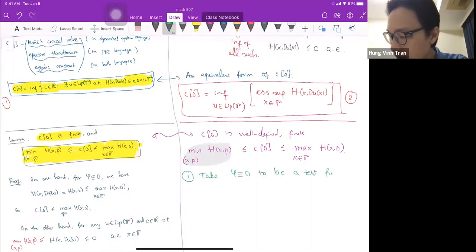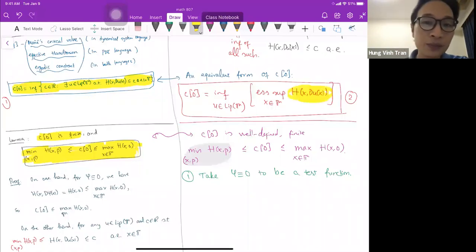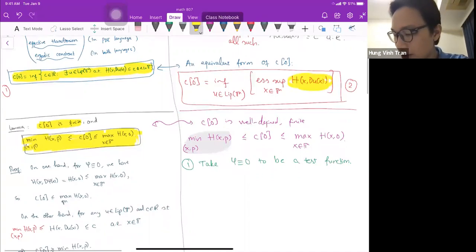I'm using formula 2 here, for example. I can take the essential supremum over all possible Lipschitz functions of the Hamiltonian acting on them, so I can just take phi to be a constant or zero function, and we see that H of, oops.